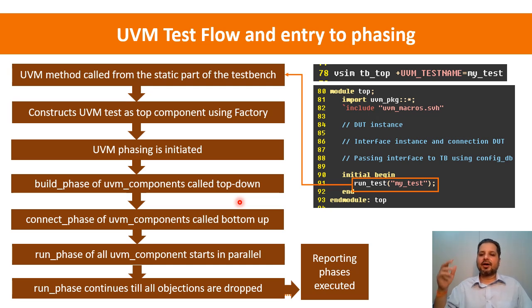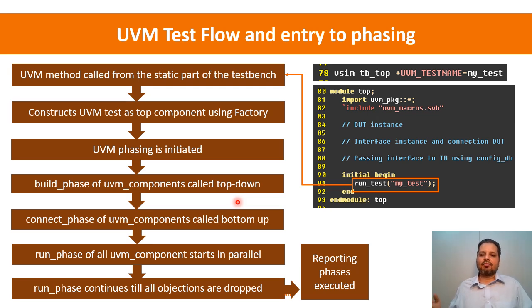Then it will execute the environment's build phase, and once that completes, it will find out if there are any new objects created which are derived from the component hierarchy. At that point it will find various agents, for example. It will keep doing that, so on and so forth, for the agent, and then maybe for the driver.